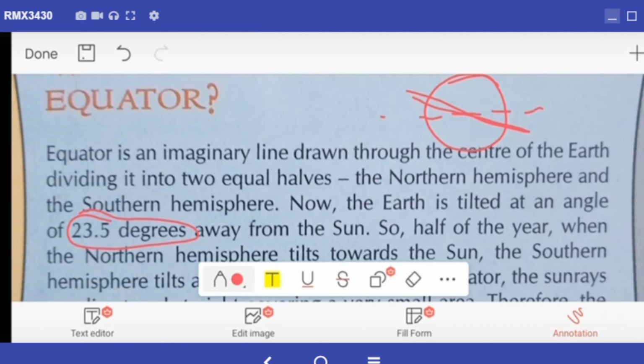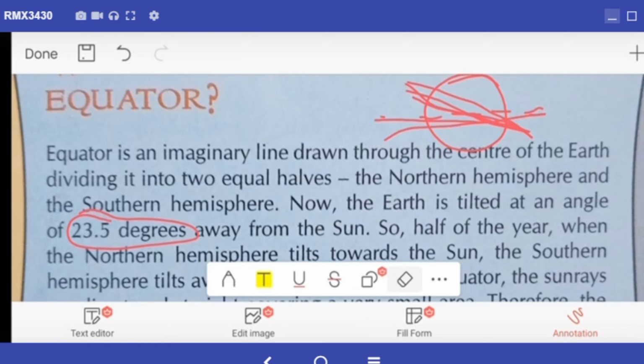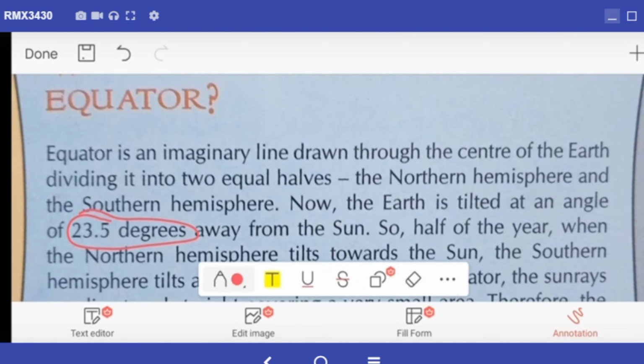The equator is supposed to be horizontal, but it is not. Actually it is tilted like this. So this is a very important point. You have to remember that earth is tilted at an angle of 23.5 degrees.